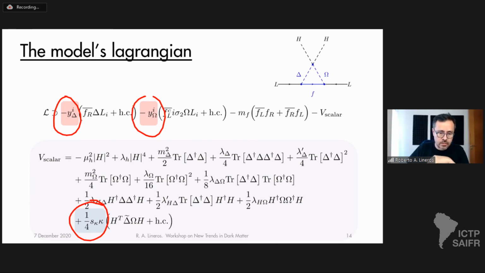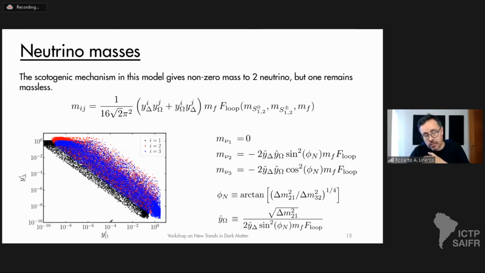But in this case, it is the one that mixes all 3 scalars in such a way that you can generate this CP-odd structure for the Majorana mass matrix. Anyway, with all of this, we started to study the phenomenology of the model. In principle, the first key ingredient is to have neutrino masses.